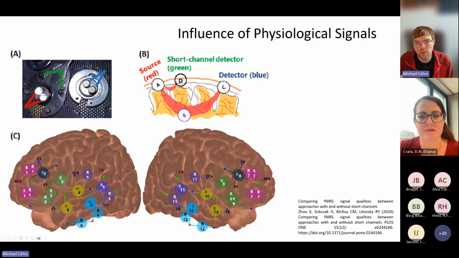And there it's of course always a bit of a question. If you are measuring infants or younger people, it could be that the head size and the distance is already too big, so that you already reach the brain with your short channels. So you have to really take care that this is not removing the signal of interest from your data. But with the short channels, you really have the nice addition of an independent measure.